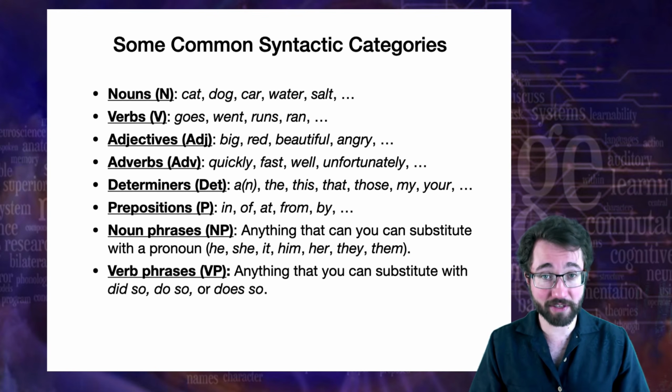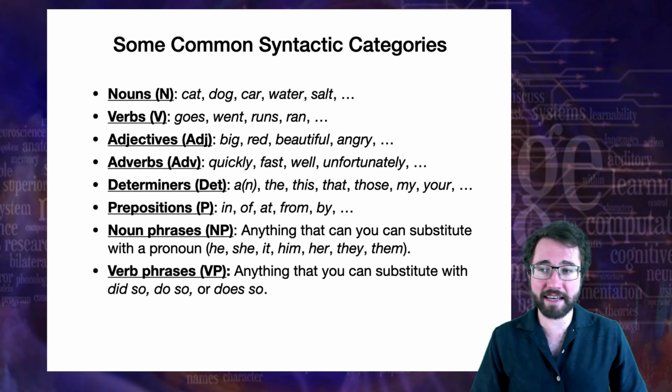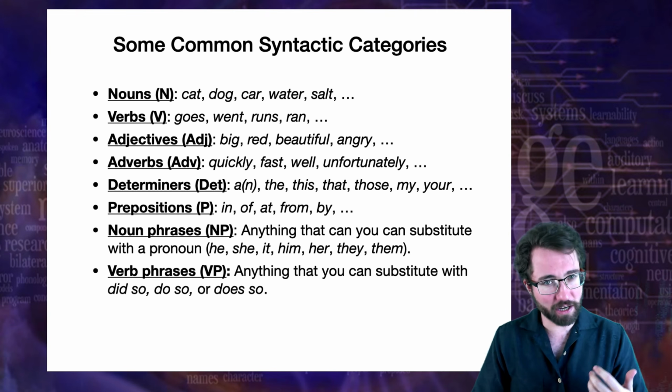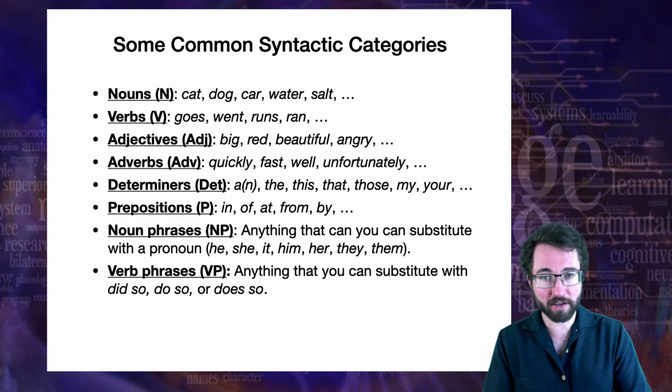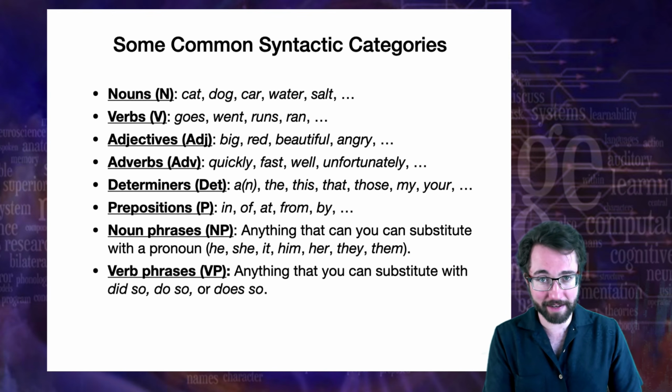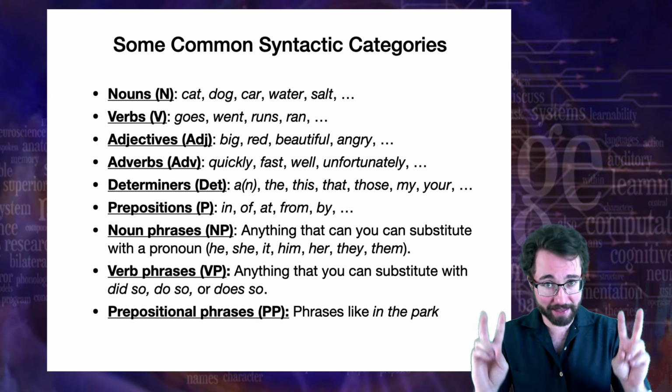It's grammatical. So that means that saw the cat is a verb phrase. So what you see is that these categories sort of come along with tests. For each category, there's typically a test that you can perform in terms of these substitutions, which will tell you whether a certain sequence of words is in that category or not. There are also prepositional phrases. These are things like in the park.